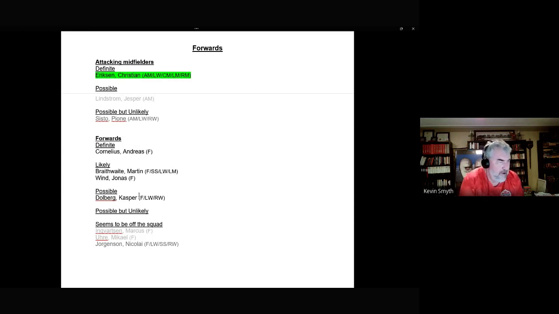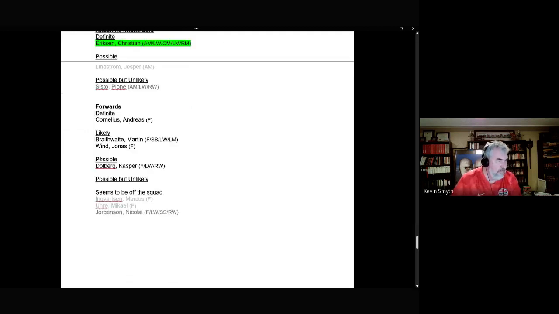I think he might start a game or two, but I don't think he's what they're hoping for in a centre forward. We have likely candidates in Martin Braithwaite, who actually played as a right attacking midfielder more, and Jonas Wind, who's an injury doubt, but I'm not confident enough to say either of those are starters.